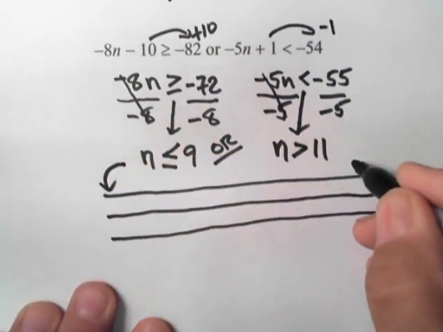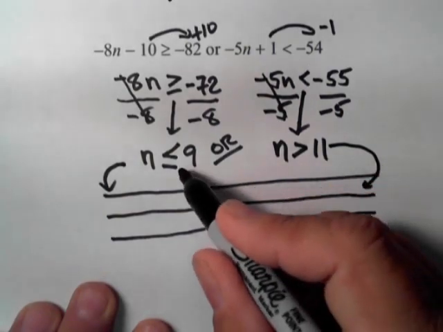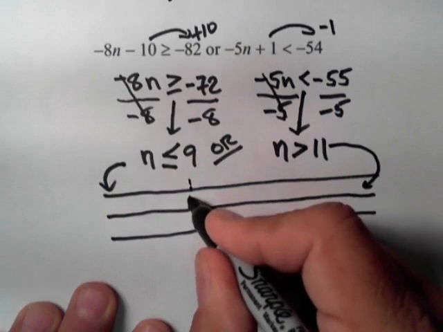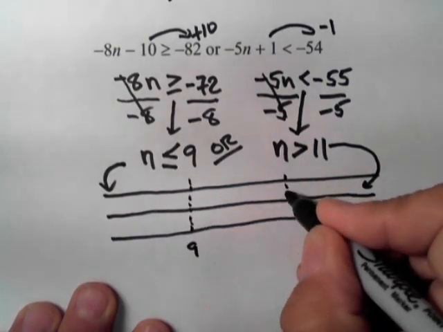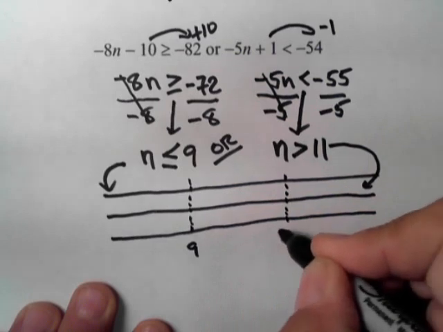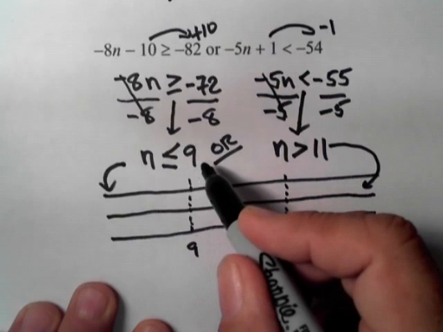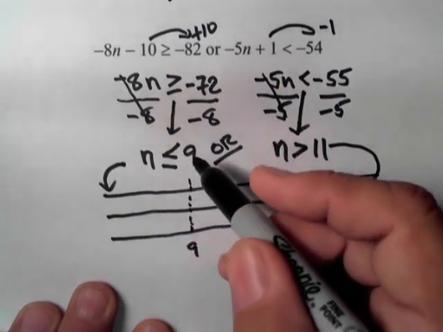Again, the first guy will go on top, second guy will go in the middle. The boundaries are 9 and 11. 9 occurs, let's say, over here, and 11 will be somewhere over to the right, 11 being greater than 9. n is less than or equal to 9.